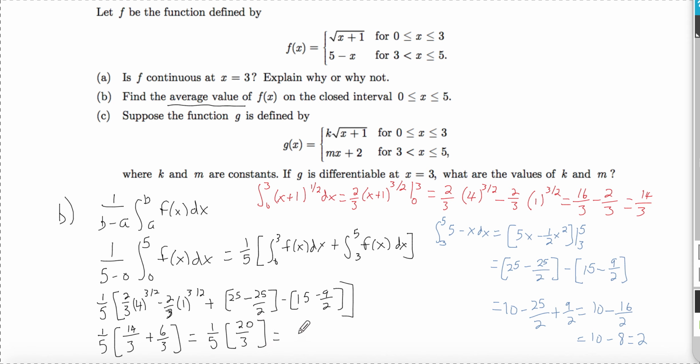Which is going to give, when we reduce that, 4/3 as my average.